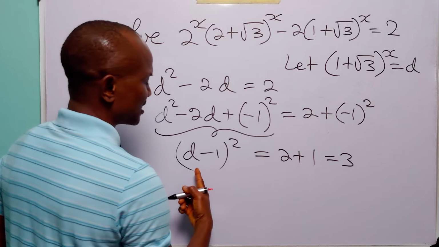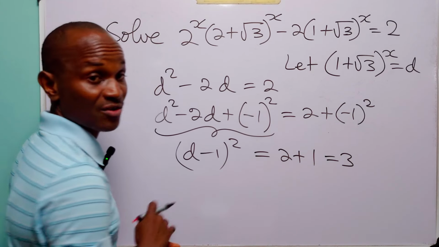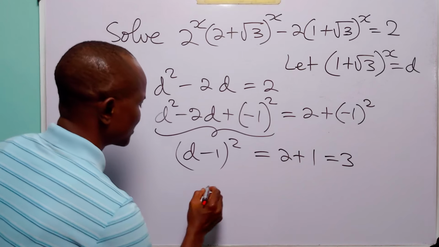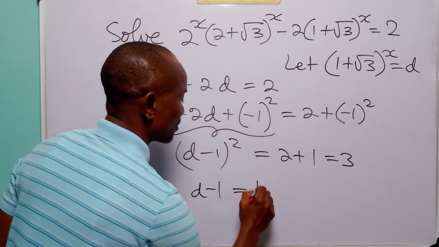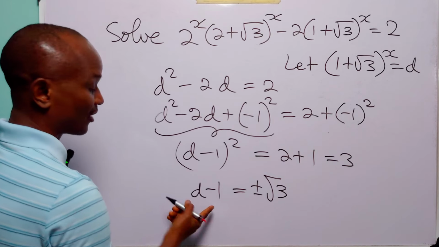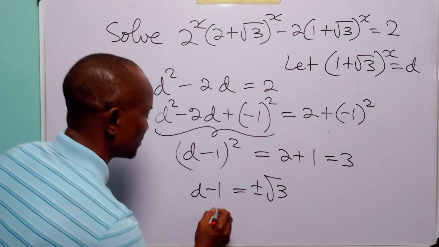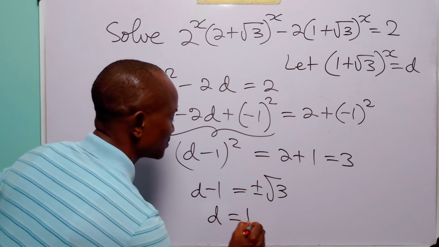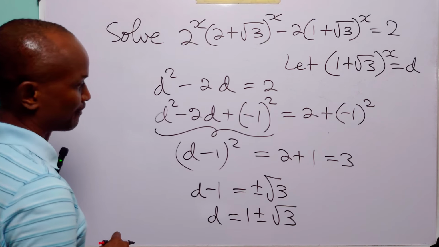Now, to solve this equation, all we have to do is to take square root of both sides of the equation. When we do that, we have that d minus 1 is equal to plus or minus the square root of 3. And of course, from here, adding 1 to both sides of this equation, we have that d is equal to 1 plus or minus the square root of 3.